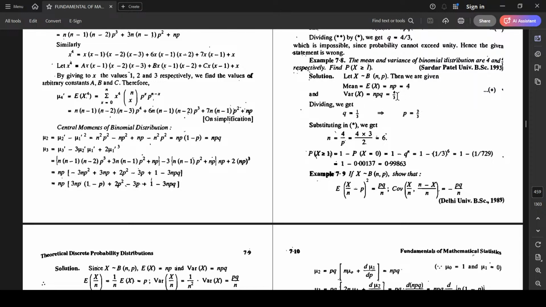So q is 1 by 3, and n is 6. So 1 minus 1 by 3 to the power of 6, which is 1 minus 1 upon 729, approximately 1. So it is 0.99.